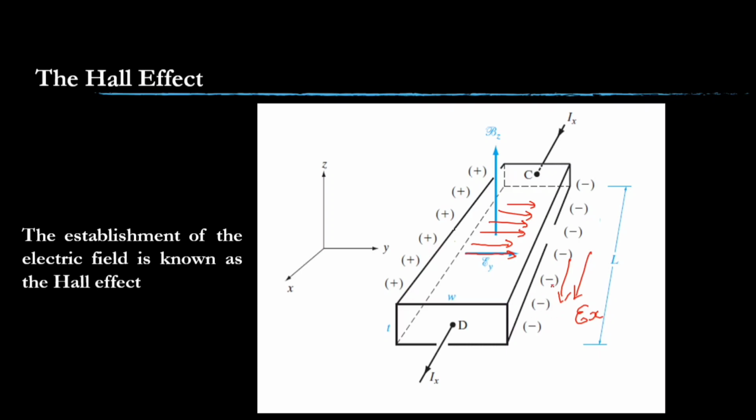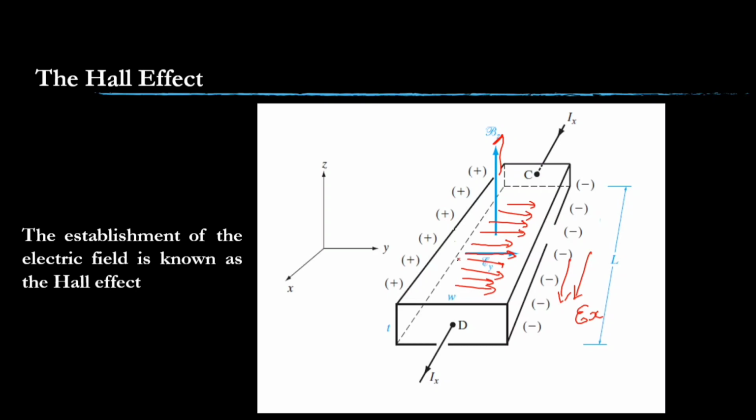Then we have a magnetic field, this is also remaining. Because of the magnetic field, positive charges accumulate on this side and negative charges on this side. So charges have been separated, a potential difference is created in the semiconductor. Because of the potential difference, there will be an electric field created in this direction.